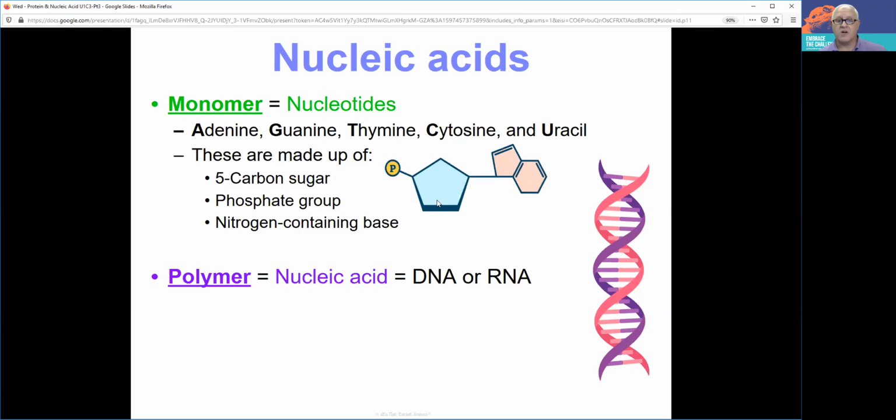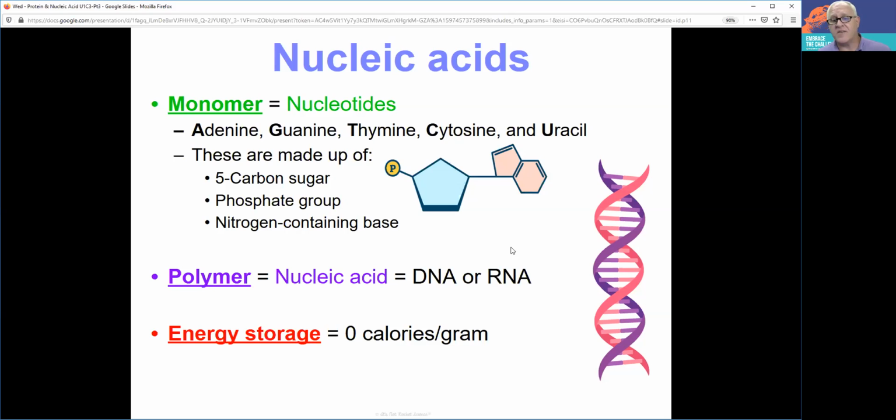The polymer of the nucleic acid is called a nucleic acid, and that is the DNA and the RNA. So it takes the nucleotides to combine together to make the DNA and the RNA.